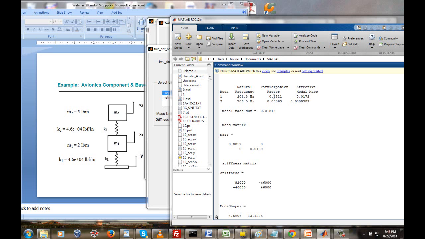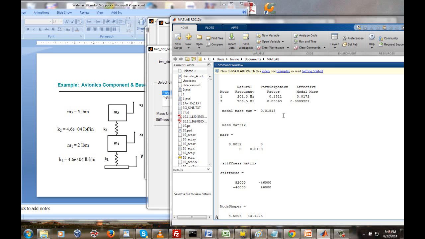And then we can take a look at the participation factors and the corresponding effective modal mass values. So for mode 1, the participation factor is 0.13. For mode 2, 0.03. So the participation factor is 4 times greater for mode 1.